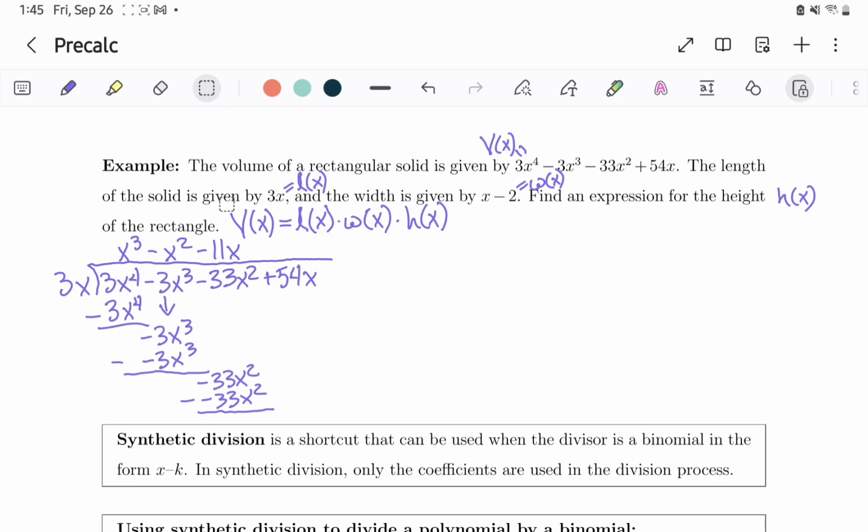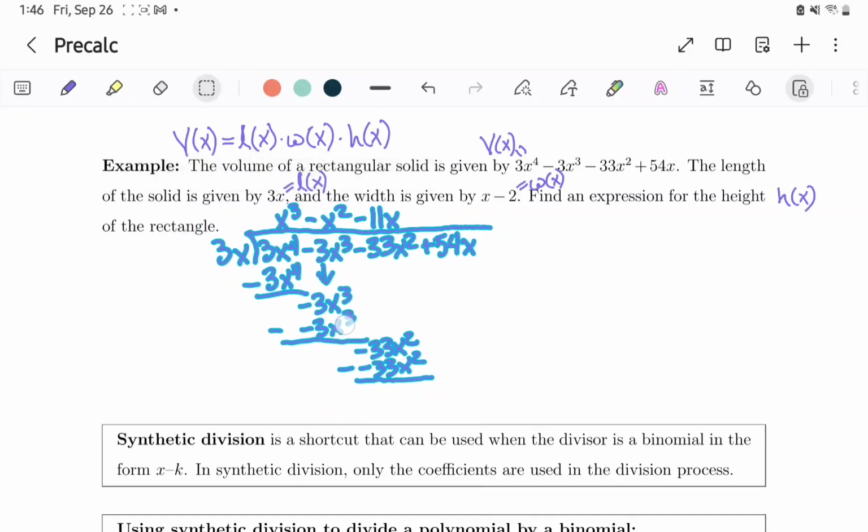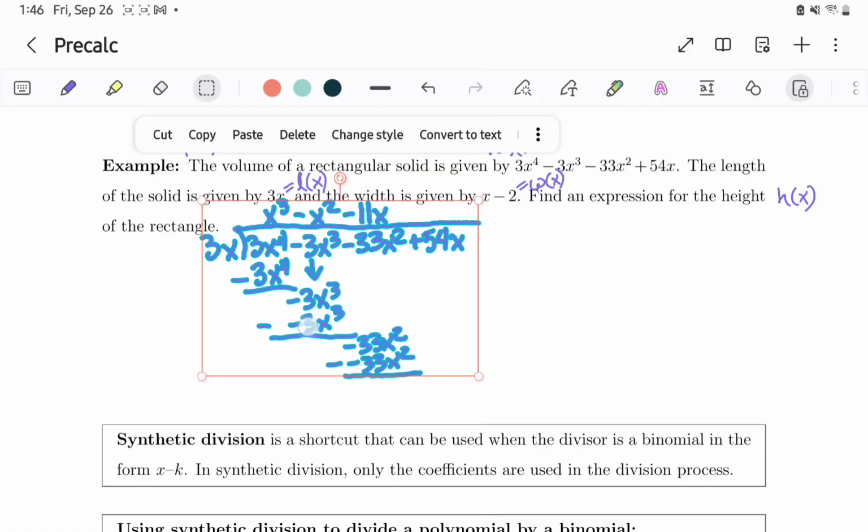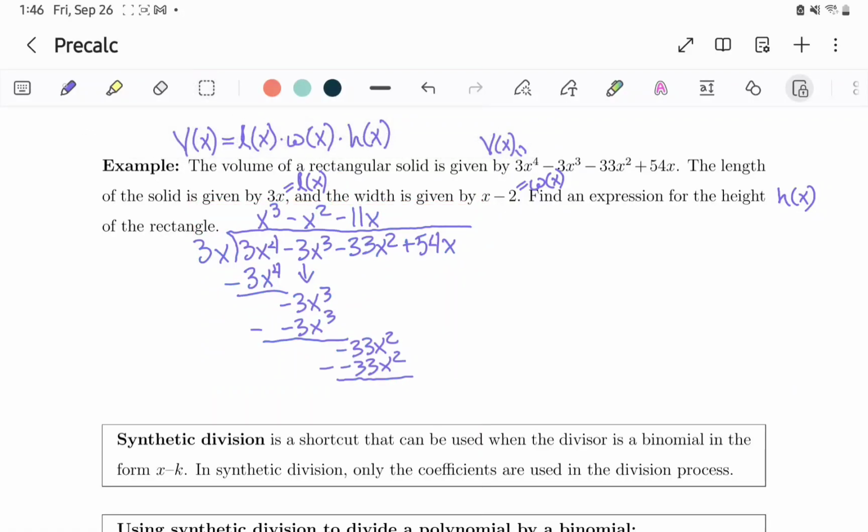Okay. And I'm going to move things around really quick because we're running out of vertical space. Okay, so the minus 33x squareds are going to cancel each other out when we take their difference, of course. So we'll bring down the next term, 54x.